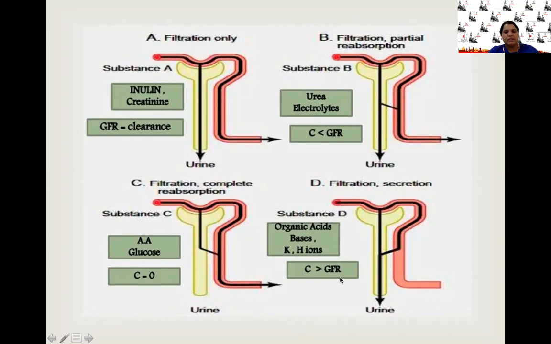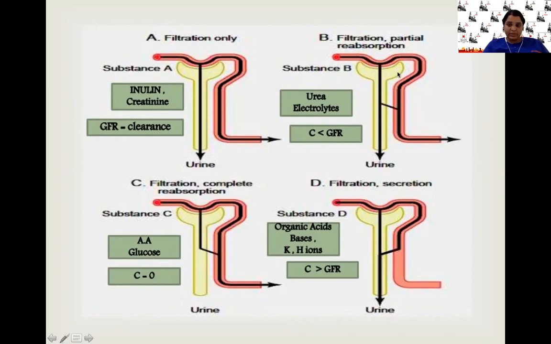Here, the clearance will be more than your GFR. The examples include bases, organic anions, and cations, that is, organic acids, and the pH. So by using substances which undergo filtration and secretion, you can measure the renal plasma flow and the renal blood flow.